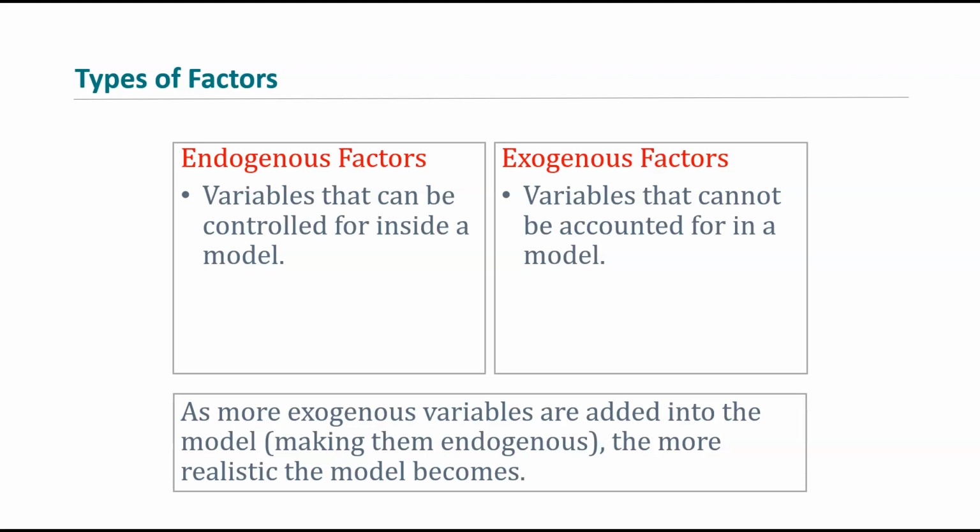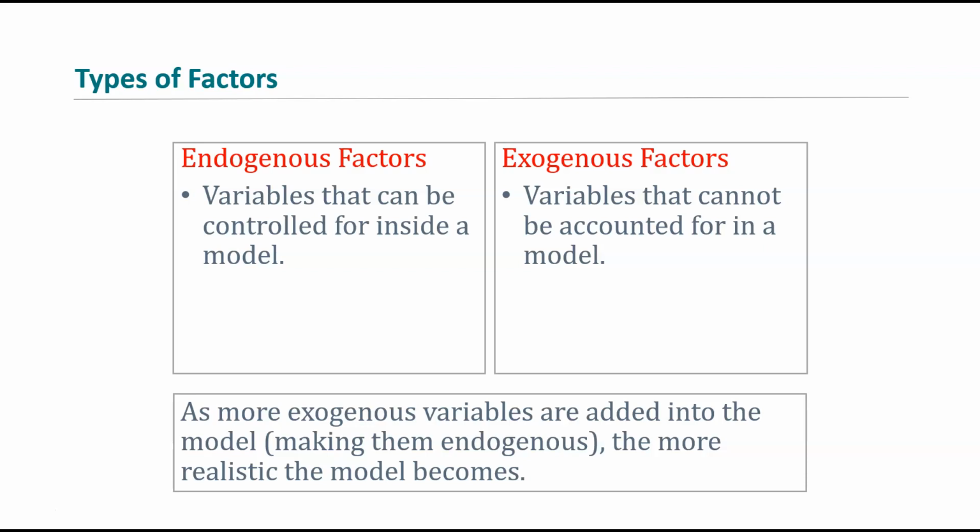Remember, one of the important things about models is that we keep them simple. So you want to include the very important things while excluding the things that aren't important, which is a hard call sometimes. This is one of those times when this class can help you be a better consumer of information.